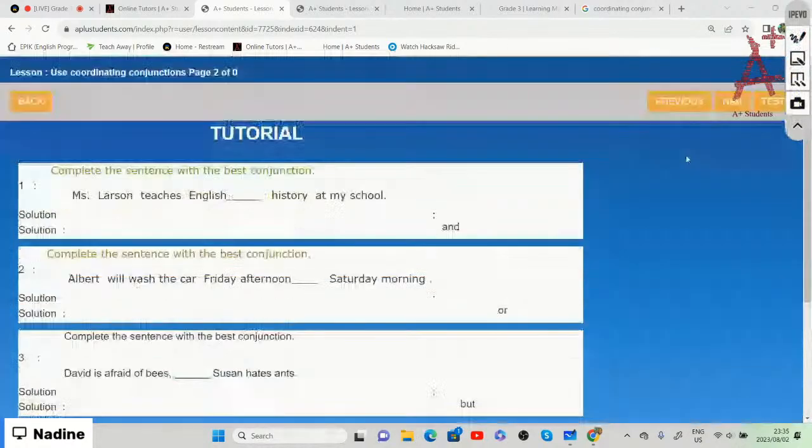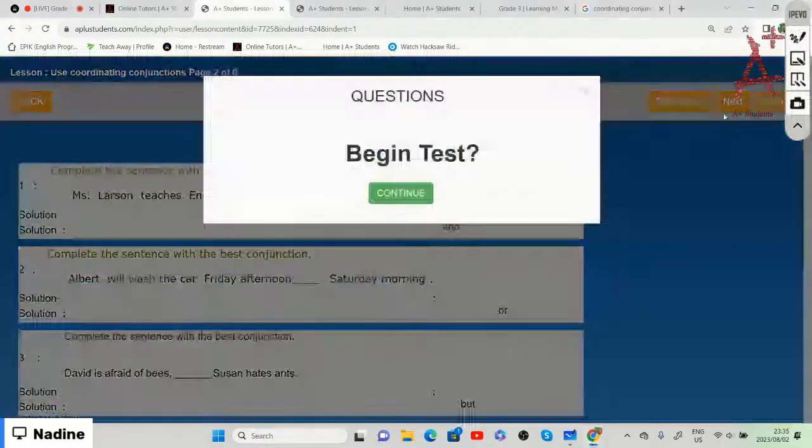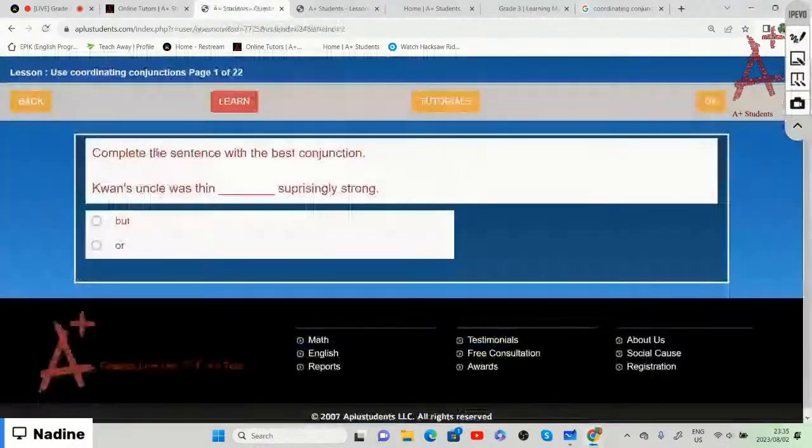All right, now we're going to our test. We need to complete the sentence with the best conjunction. Kwan's uncle was thin. Do we say but surprisingly strong, or surprisingly strong?